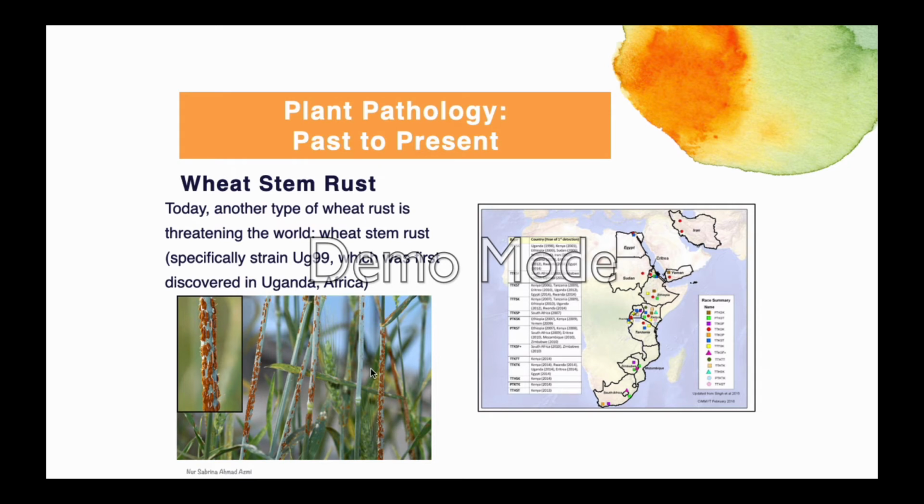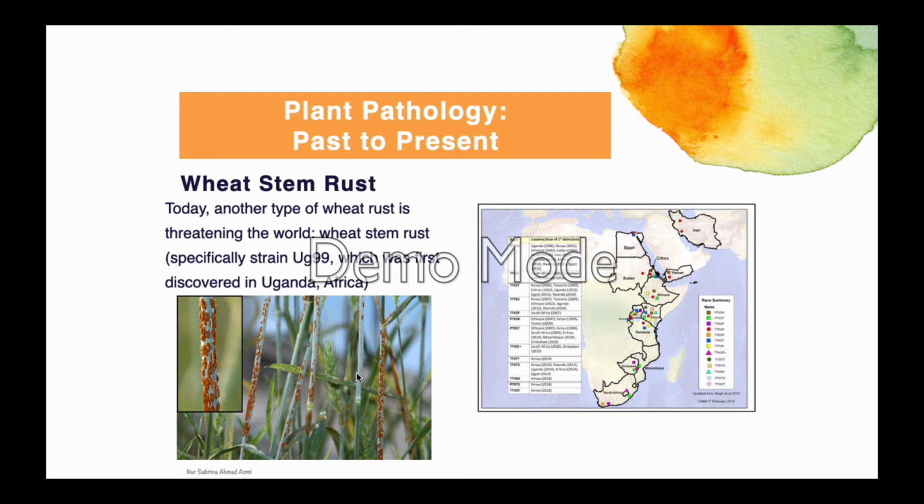From Uganda, the pathogen spread to the world's wheat producing countries. So this disease not only affects the yield in Africa, but also wheat production in other wheat producing countries. You can see the significance of the disease and how it can be transmitted and occur in different countries and continents.